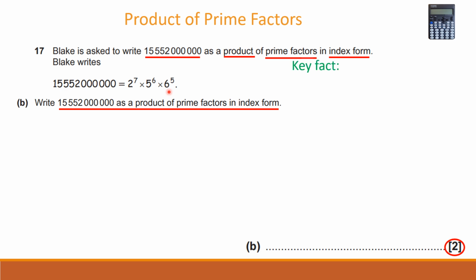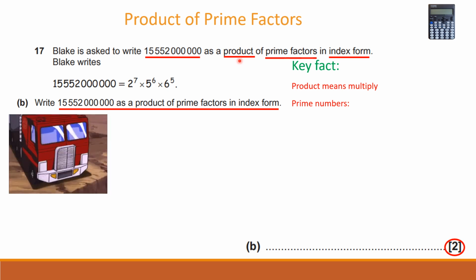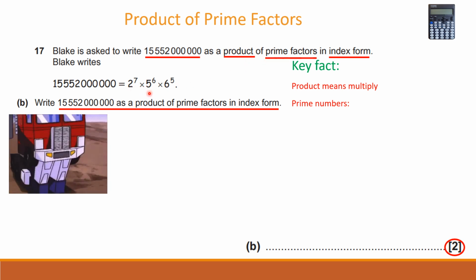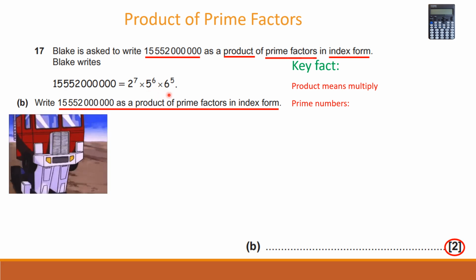The key facts that you need to be able to answer this question are that the word product means multiply, so it's mentioned twice in the question. Prime numbers, you need to know what your prime numbers are. So the numbers 2 and 5 are prime from this question, but the 6 is not prime.